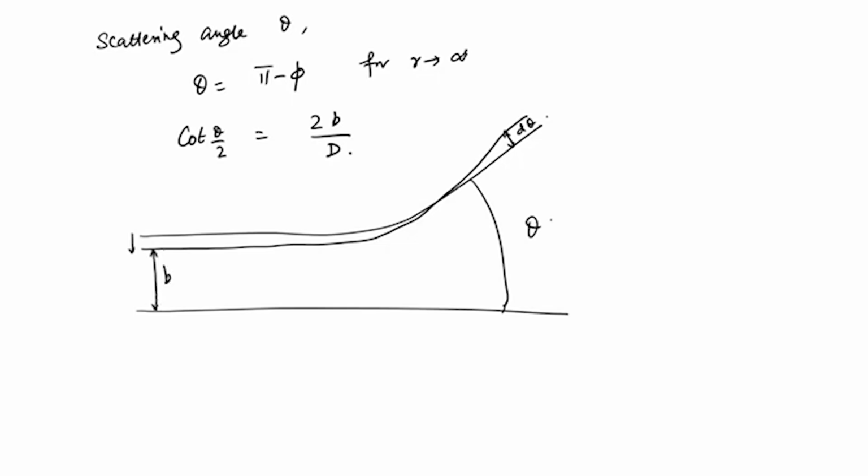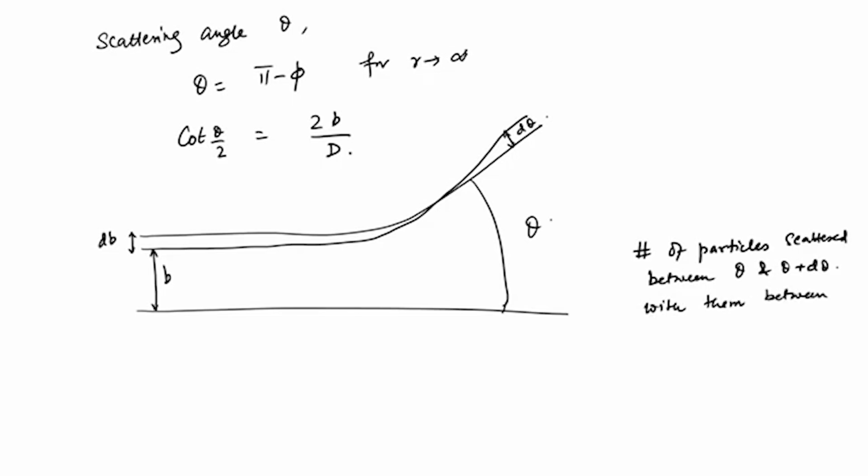So, this is b and this is dB. Between the impact parameter b and b plus dB, how many particles are scattered between that. So, we want the number of particles scattered between theta and theta plus d theta, and so with particles between b and b plus dB.